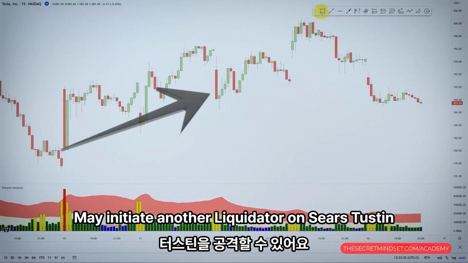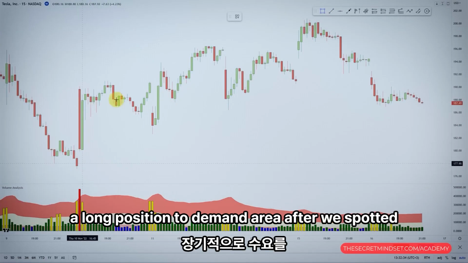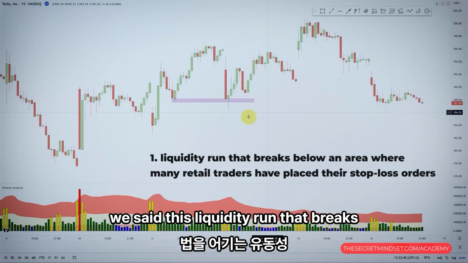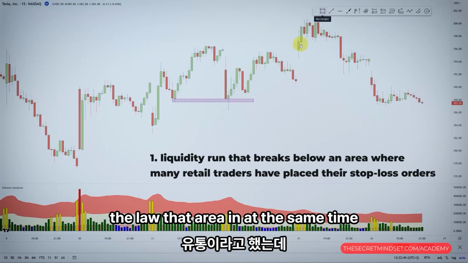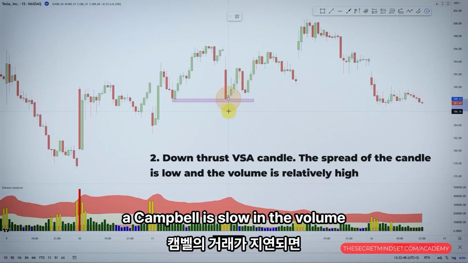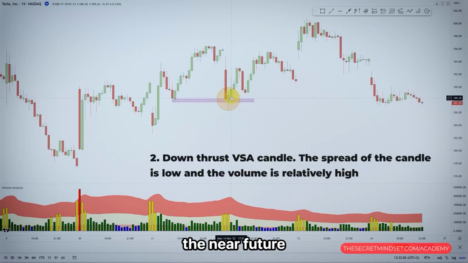Here's an example. Market is in an uptrend, so the plan is to trade a long position at the demand area after we spot a down thrust. Low spread and the volume is relatively high, so there is more demand than supply, a sign that price may rise in the near future.